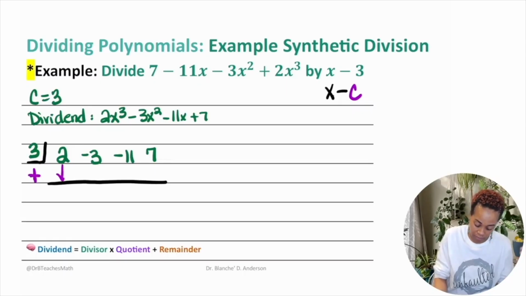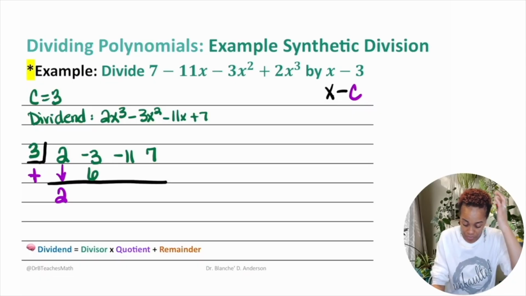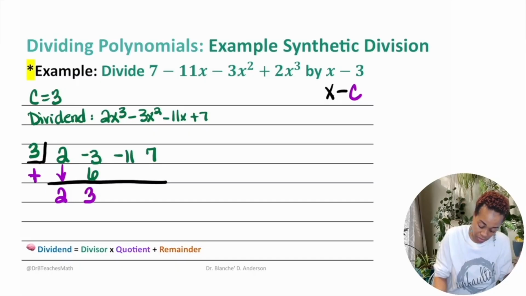We bring down the 2, and we say 2 times 3 is 6. -3 plus 6 is going to give me what? A positive 3, rather. And then 3 times the 3, that's 9. -11 plus 9, that's going to be a minus 2.